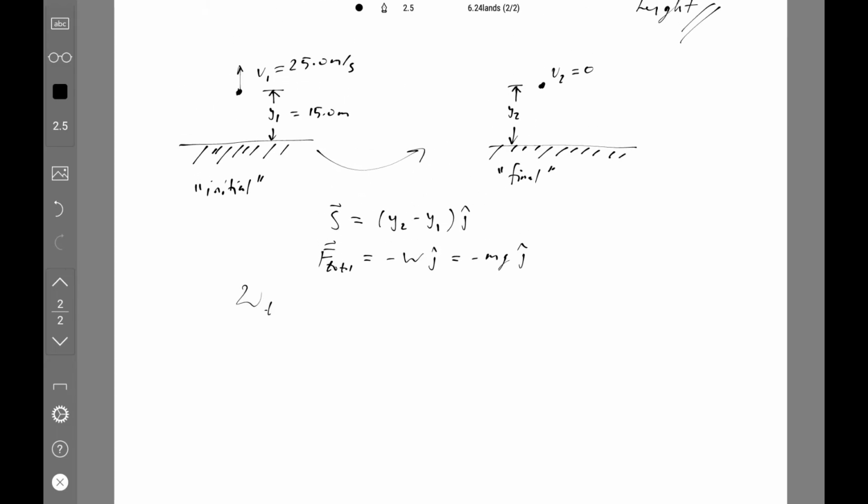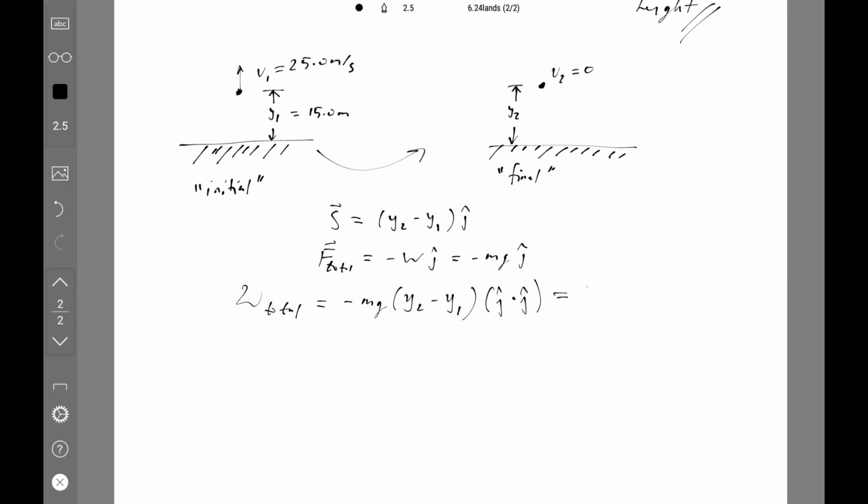So the total work done between those two states is negative mg times y2 minus y1, j hat dot j hat. That's pretty simple.